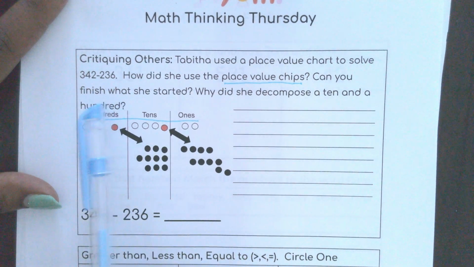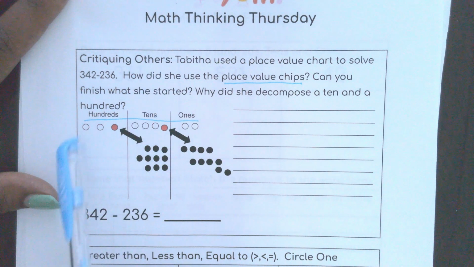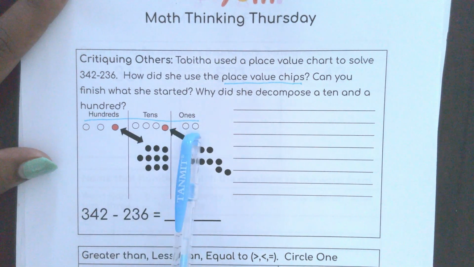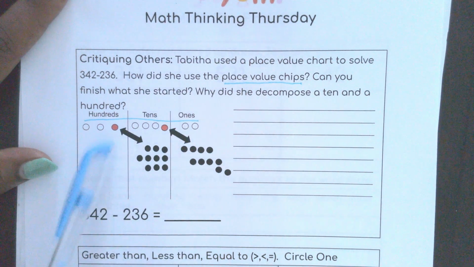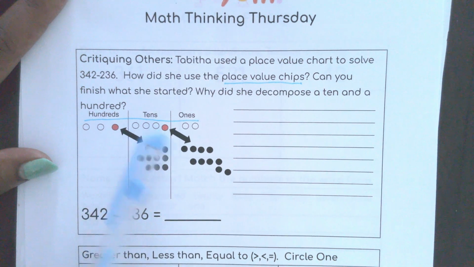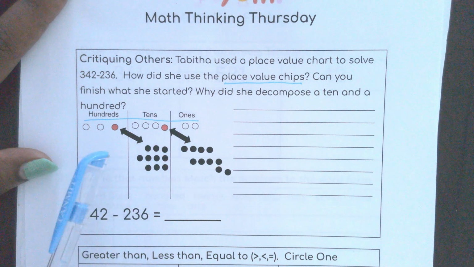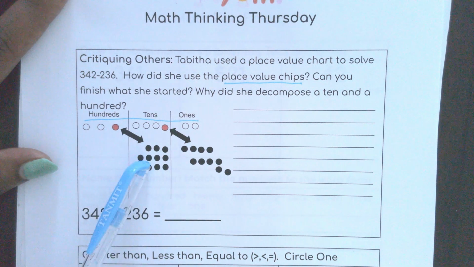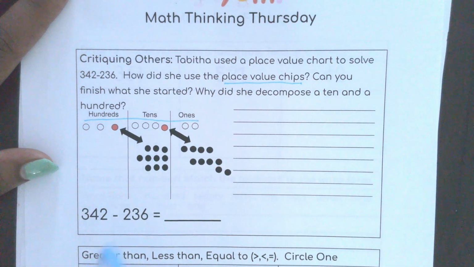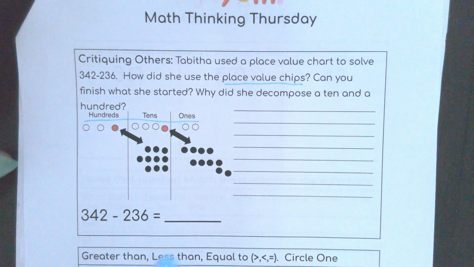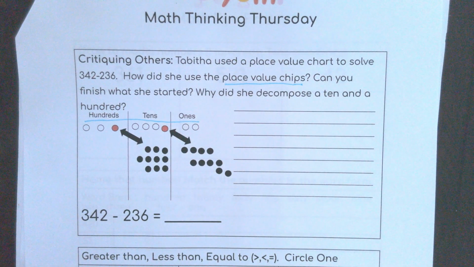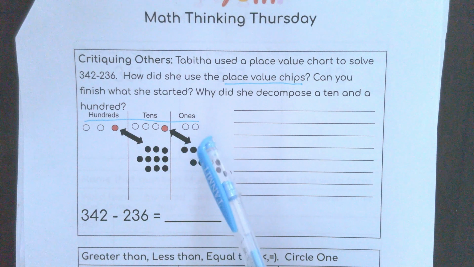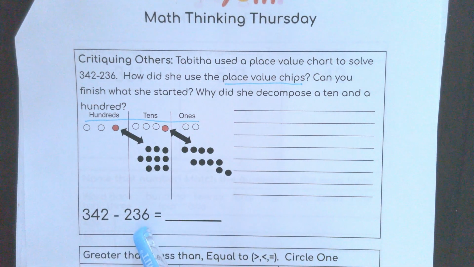So far in her chart, she has 342, and then she moved a 10 to the ones place, and she moved 100 to the tens place. Let's see why she did that. Let's look at the second number. So in the ones place, she needs to subtract 6.